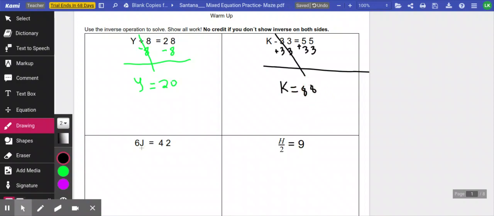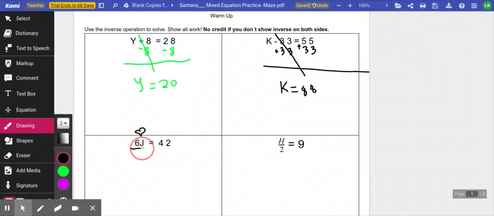The third problem, 6j equals 42. Remember, when they're stuck together like that with nothing in between, it means they're married. They're married, they're stuck together. Married, multiply. So what's the opposite? The opposite of times 6 would be divide by 6.